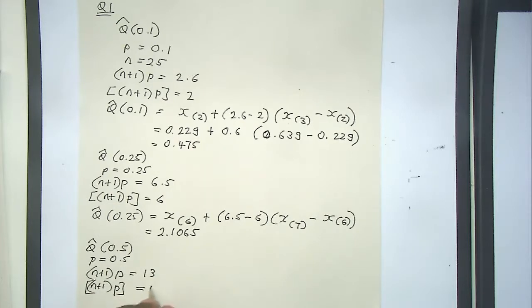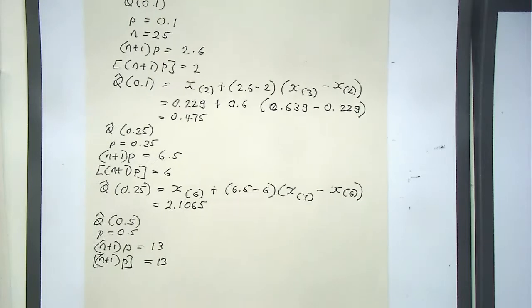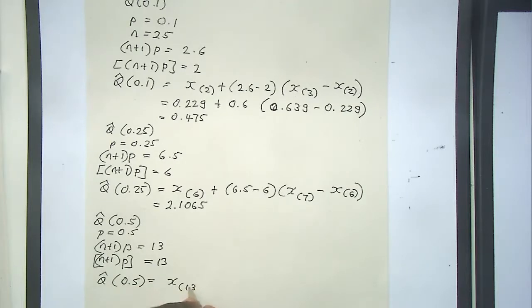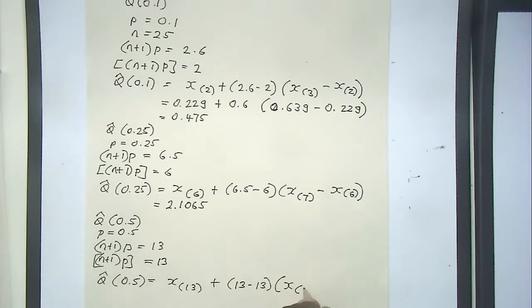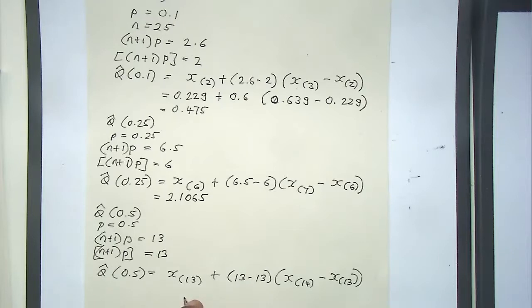So Q hat at 0.5 will be x13, the 13th smallest data point, plus (13 minus 13) times (x14 minus x13). So this whole term is 0, and the 13th smallest data point is 2.8957 if you read it from the data given to you. Similarly, you can do the others by yourself.